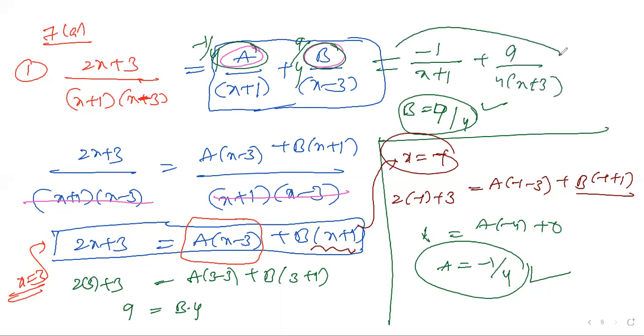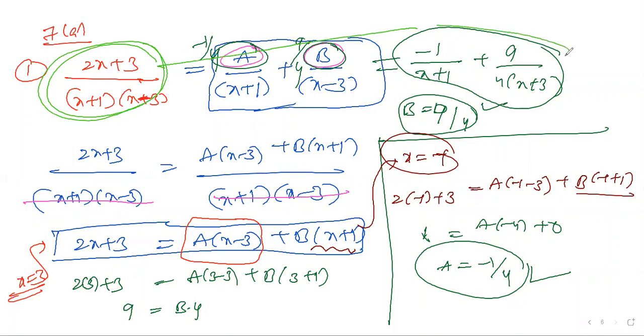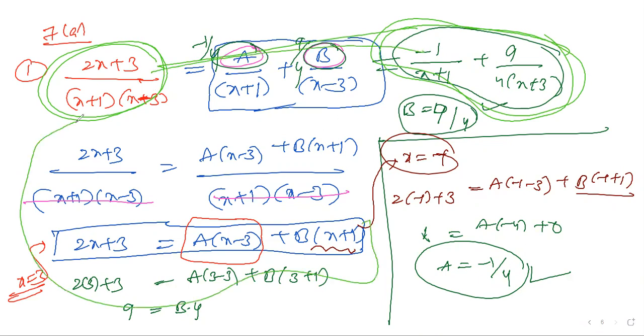It means what you are going to understand is this is a question which divides the fraction into parts like this. How you divide like this is the procedure. This is what your partial fractions chapter requires. Is this clear? Why are we using partial fractions?